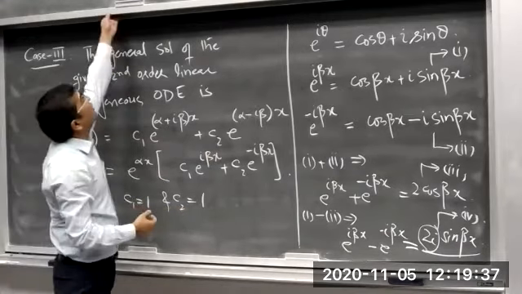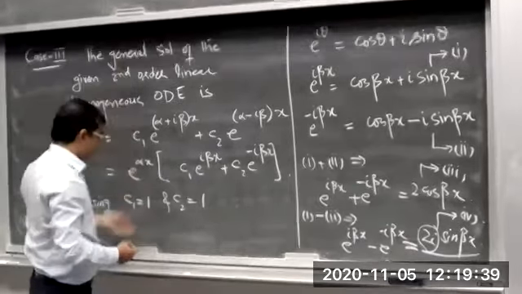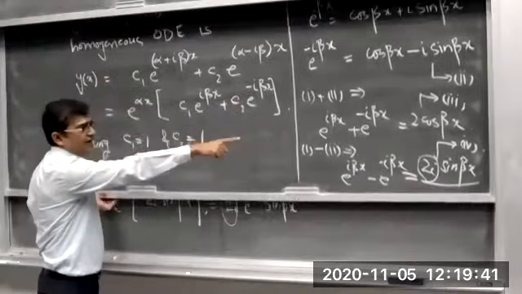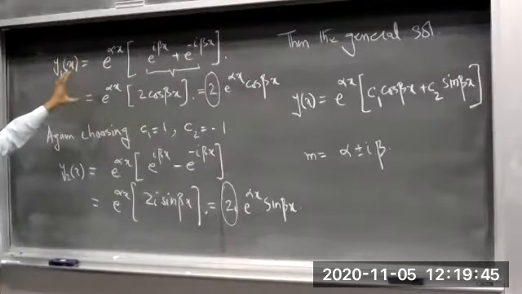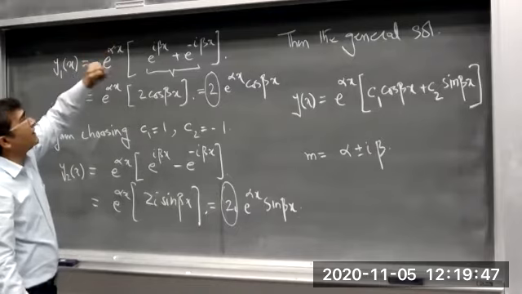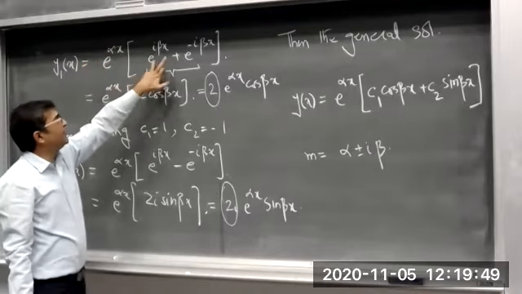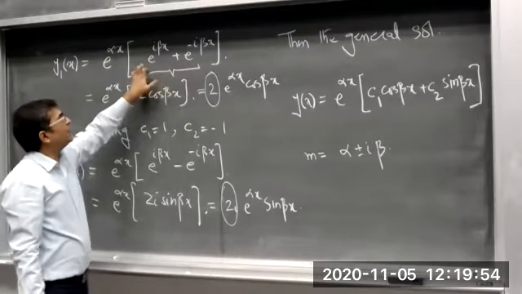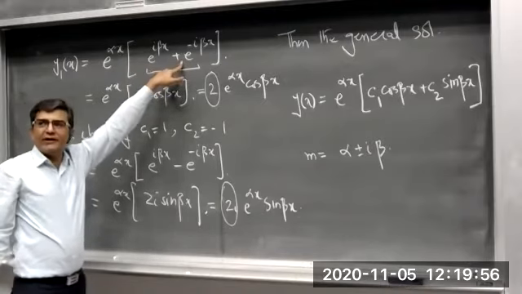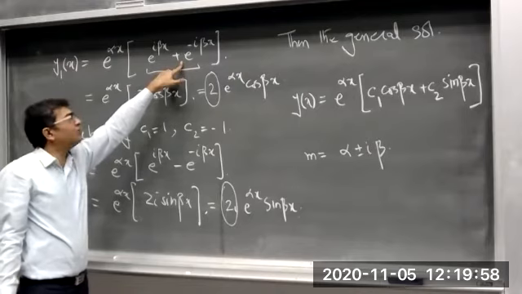Why? So that I can use that identity, equation 3 and 4, so that this inner expression, where we have C1 and C2, is now eliminated. We have chosen their values 1, 1.